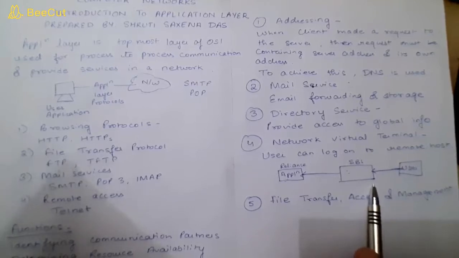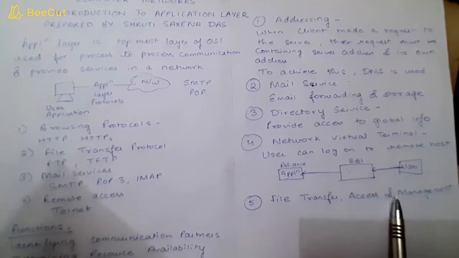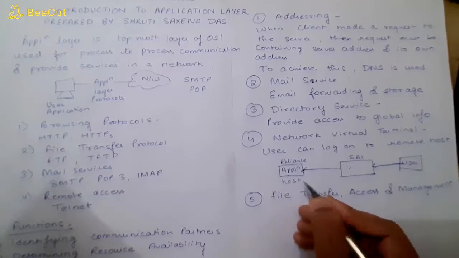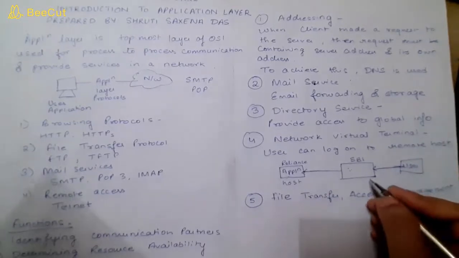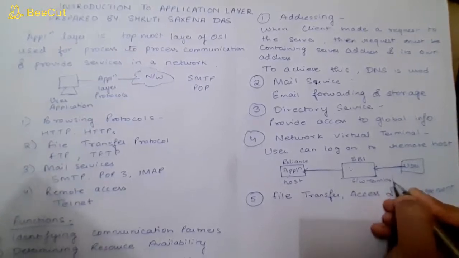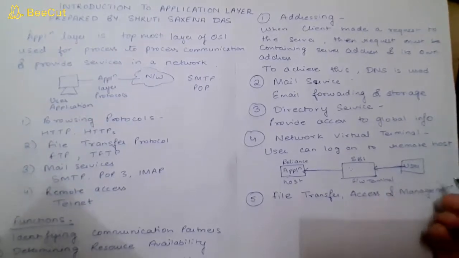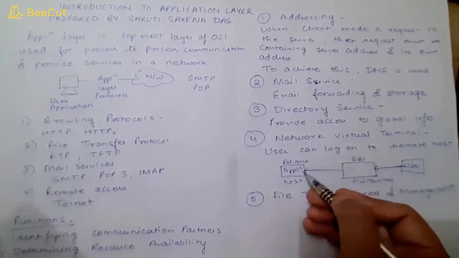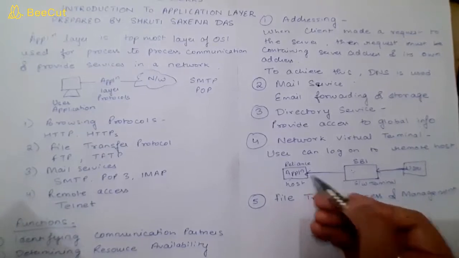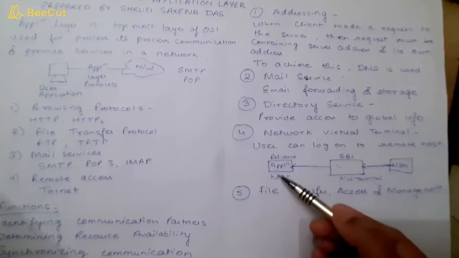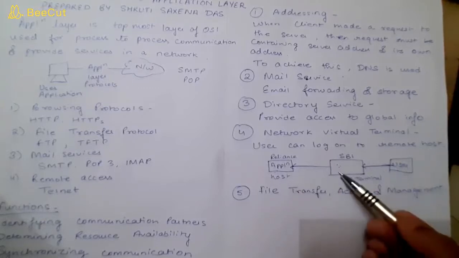The user's computer talks to the software terminal, which in turn talks to the host. So this is your host, and this is the software terminal which is used. The user is not directly paying to Reliance. The user is paying through the SBI portal.